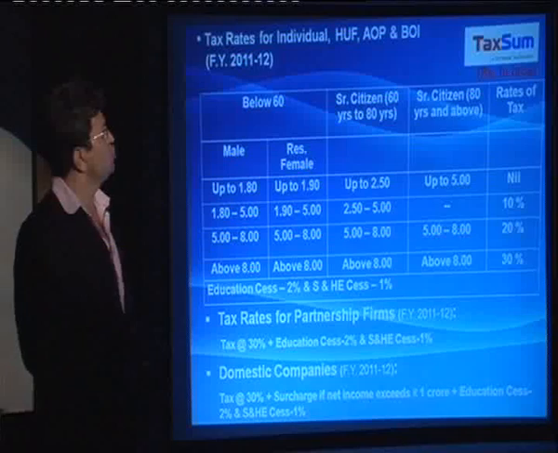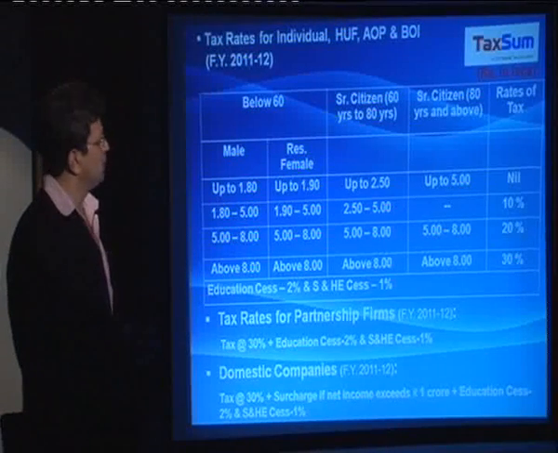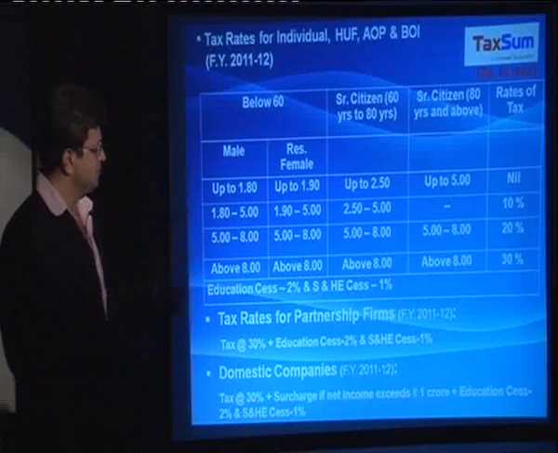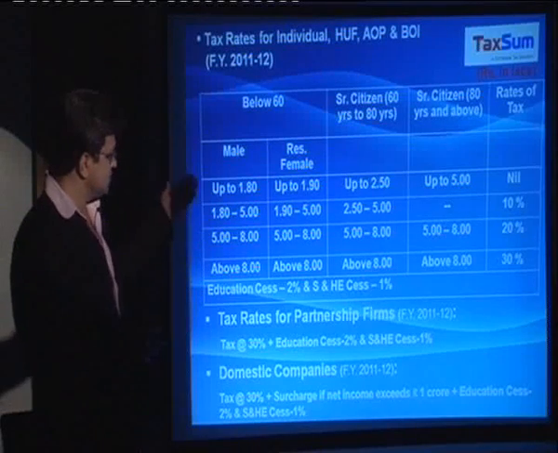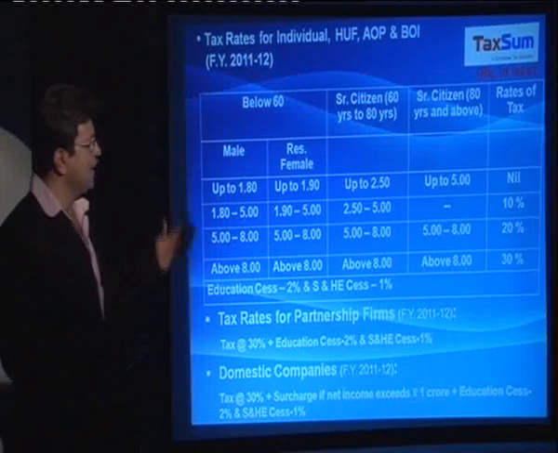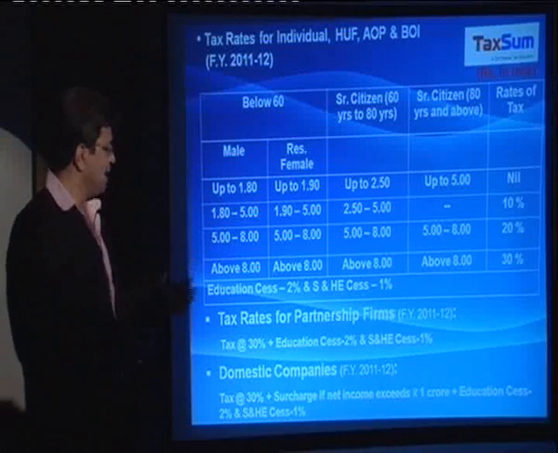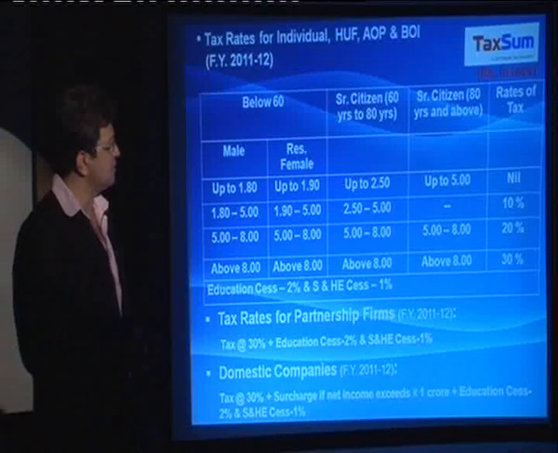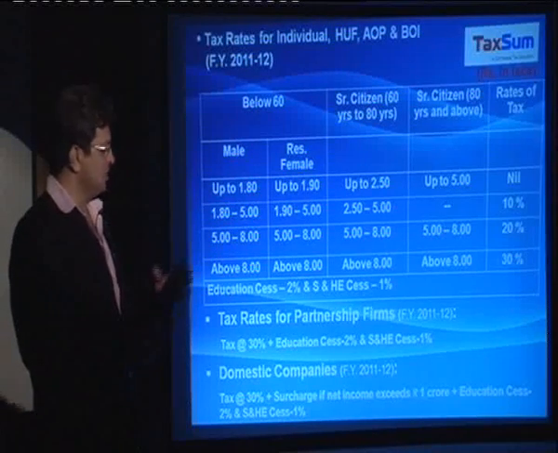The tax rates for individual, HUF, AOP and BOI for the financial year 11-12 is, if the assessee is below 60, for the males the tax slabs are up to 1,80,000, 1,80,000 to 5 lakhs, 5 lakhs to 8 lakhs and above 8 lakhs. For the female, the basic exemption limit is 1,90,000.